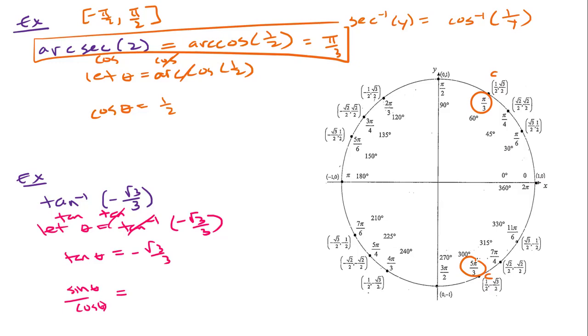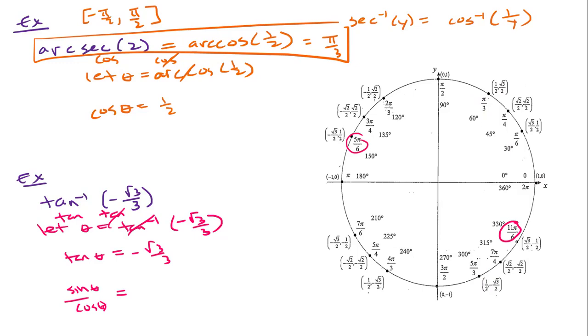So if we look at a unit circle, because we want to produce a negative radical 3 over 3, negative radical 3 over 3 is going to be located at 11 pi over 6 and 5 pi over 6.